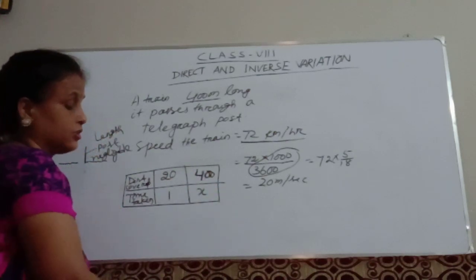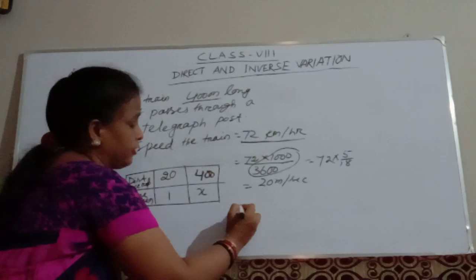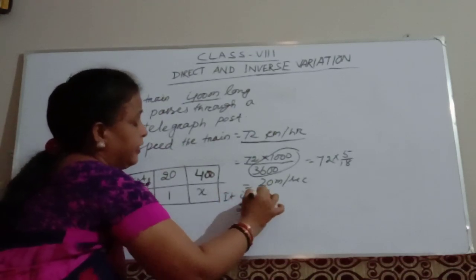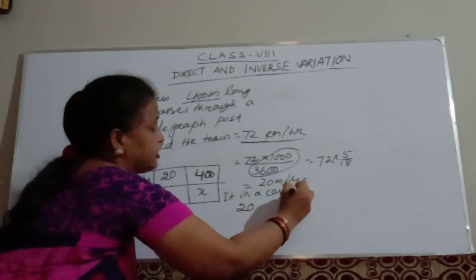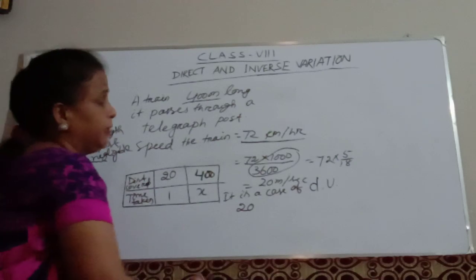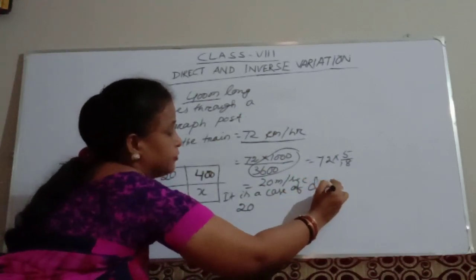It is x. Now it is a case of direct variation. You simply write that it is a case of direct variation. I have written a short form, but you don't write it like that, just write direct variation.